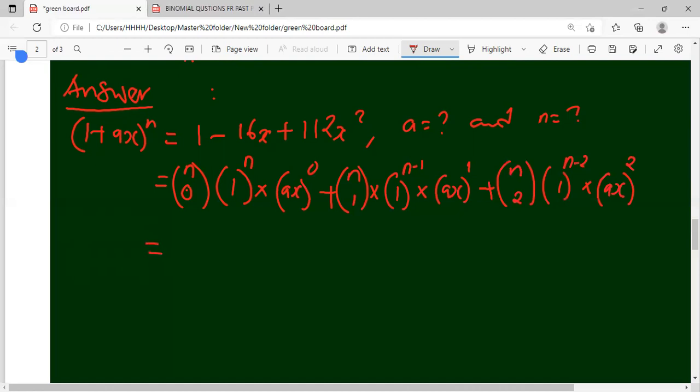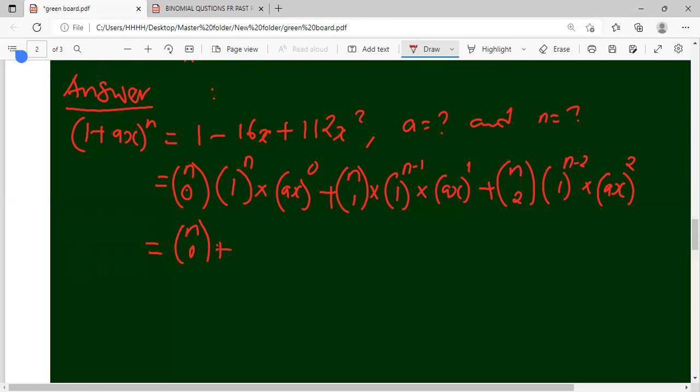So this will be n choose 0 by 1 to the power n, which will be 1. So ax to the power 0 will be 1. So we remain with that.